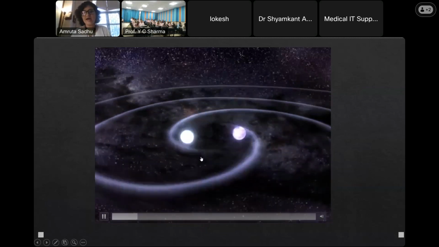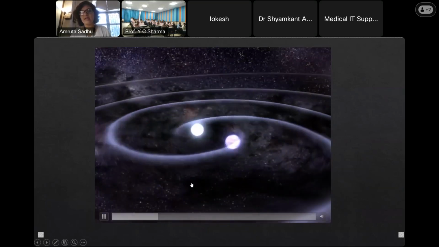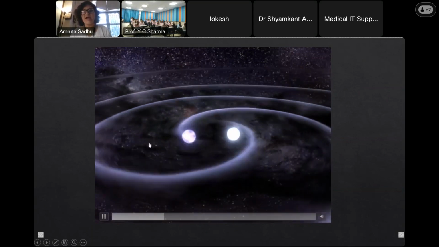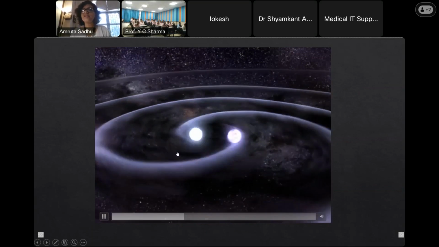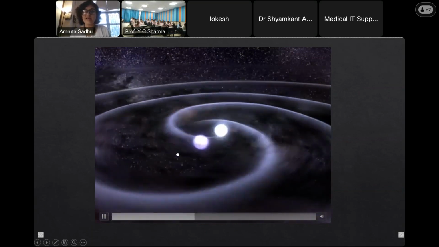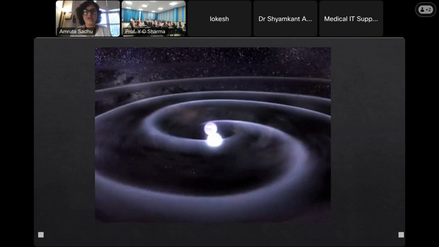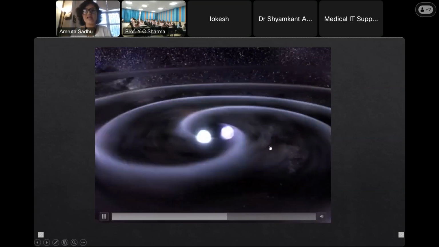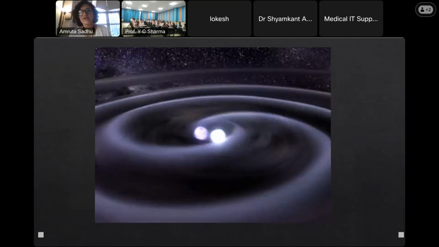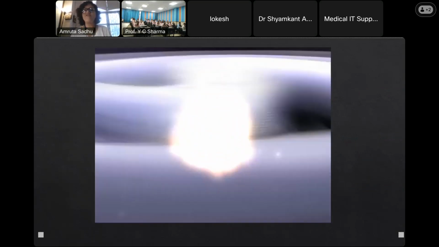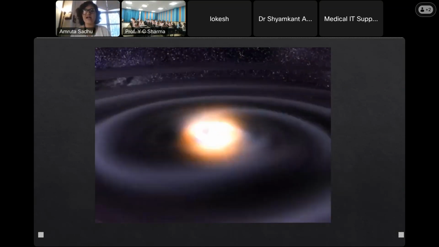Now there are these two very massive stars, and this is how they create ripples in space-time. As they get closer, the ripples come faster and their amplitude also increases. When they collide together, we get a very violent event and waves of very high intensity.